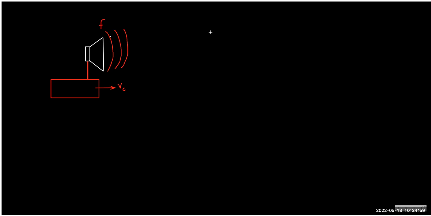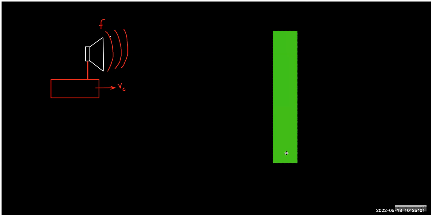So moving forward, there is a wall, and the driver of the car will listen to two frequencies, one frequency which is directly heard, and other will be the frequency which will come to him after reflection from the wall.